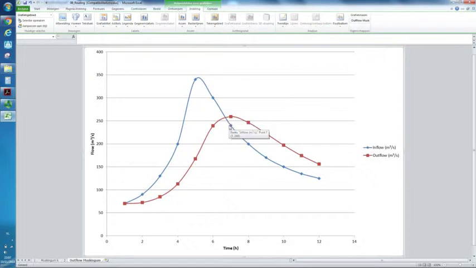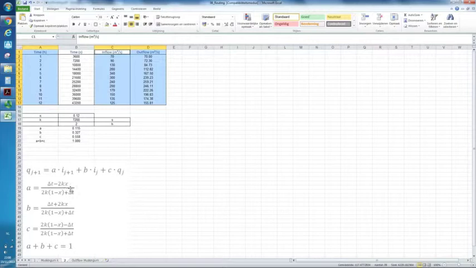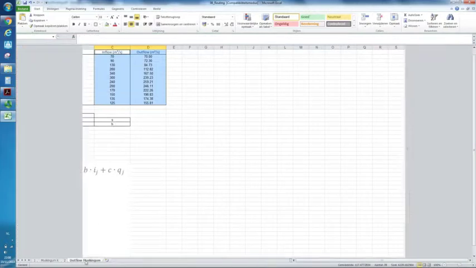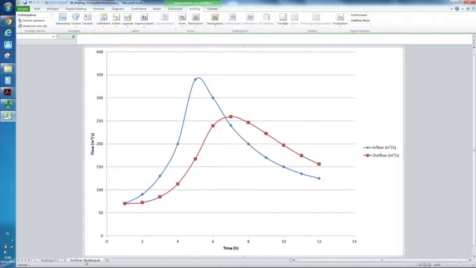If we look at the maximum value of our inflow, this will be around, let's say, 5 hours, sorry. And the maximum value of the outflow is at 7 hours, and that actually corresponds to our travel time of the flood wave of 2 hours. So that's also something that we see.